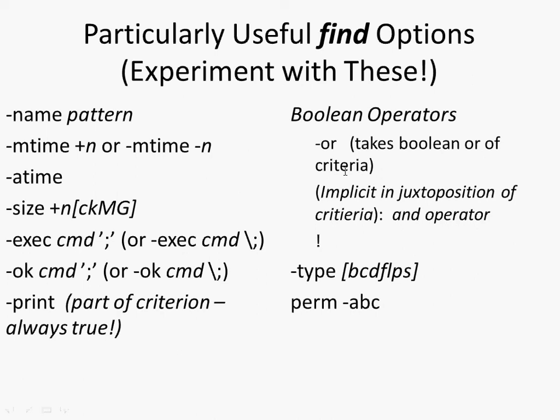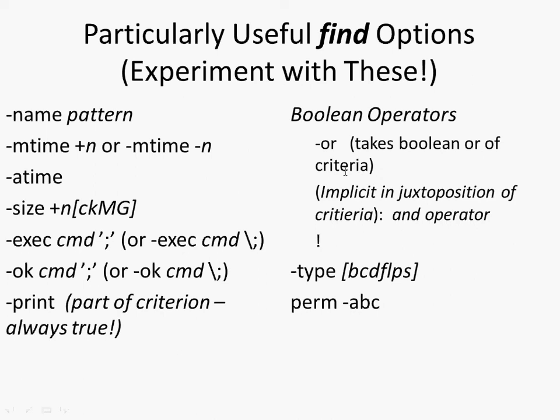Here, we could actually do minus or, so to match one of them. We could have an exclamation point to indicate logical not, if we wanted to reverse this criteria. We can ask what the type of the file is, whether it's a binary file, a regular file, or a directory, and we can ask for its permissions, which again has a plus syntax. Okay, so these are useful find options.